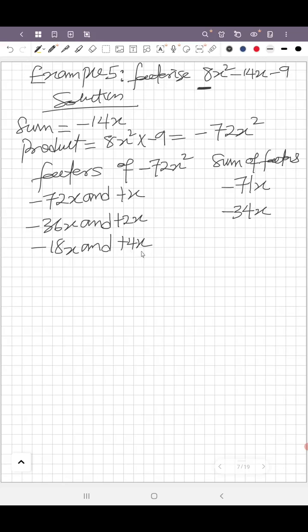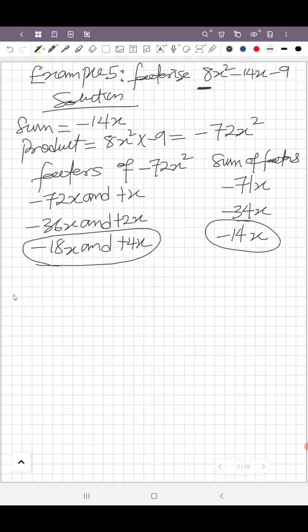So by the time we add them together, we give minus 14x. You don't need to go further again, because now you have gotten the explanation. The moment you get what you need, you have to stop. And what we need is this. These are the two. We use this sum to confirm our factor.